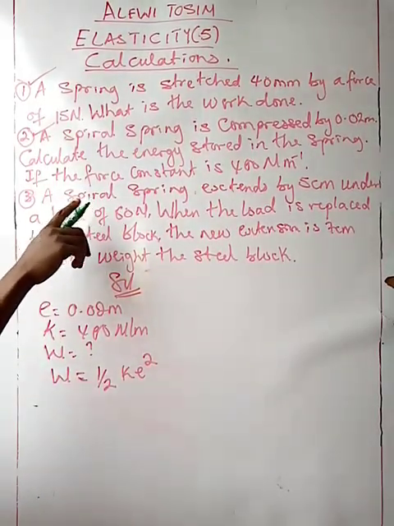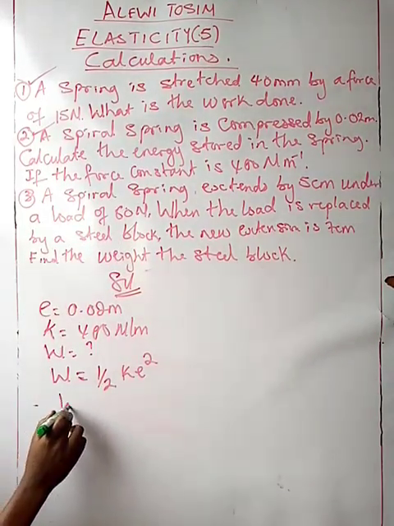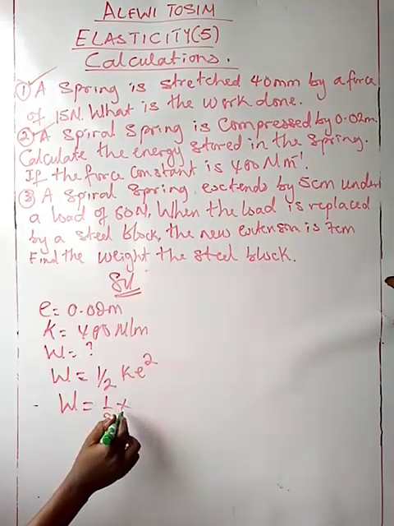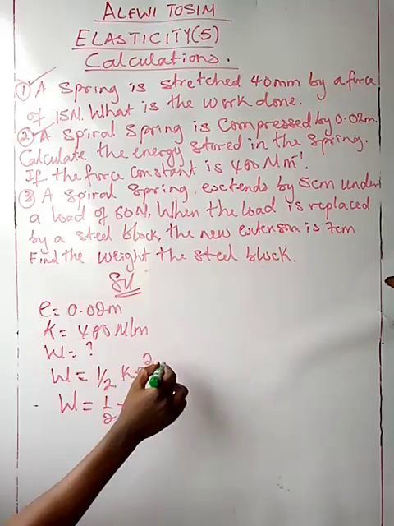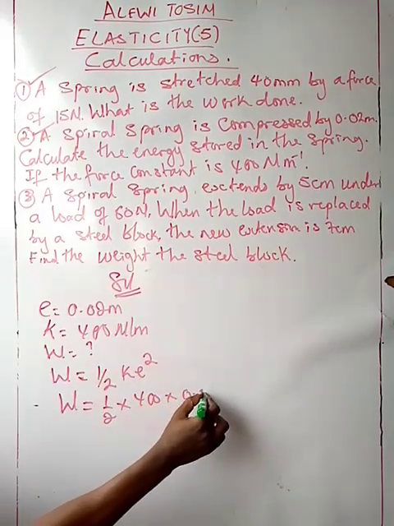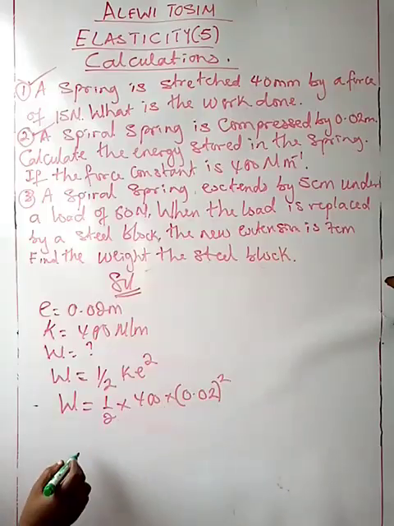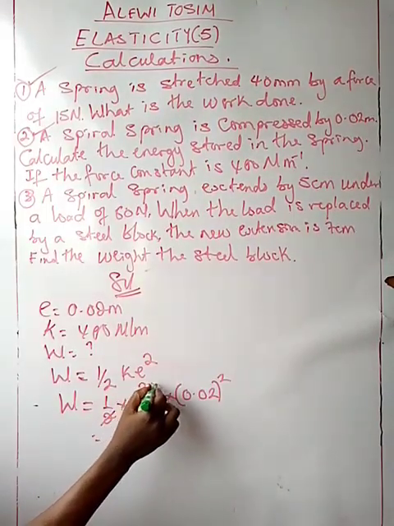It can be called force constant, it can be called elastic constant, and some questions refer to it as stiffness. So let's have that in mind. So this 1/2, our K here is 400, and our E is 0.02 squared. So this here will give us 200.